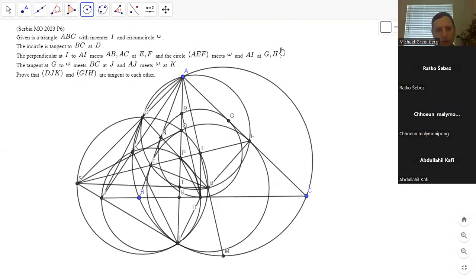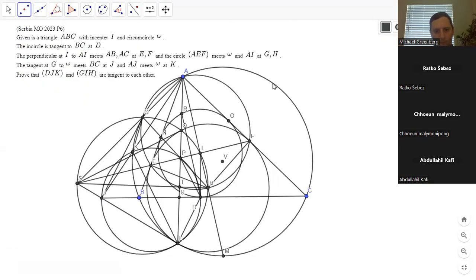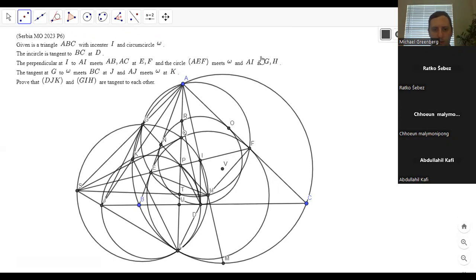So let's label the center of the big circle V. I could show both are tangent.